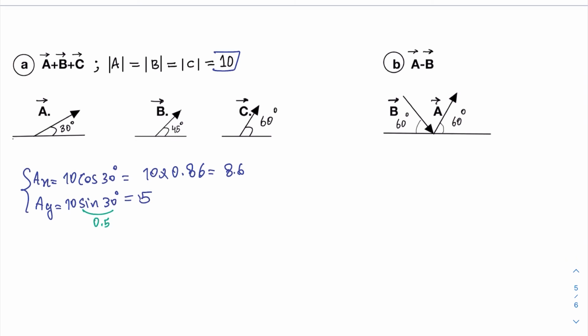How about vector B? I will do the same to vector B also. This is A, this is B. B component X, B component Y, horizontal and vertical. The magnitude of B times, let me write the formula, cosine 45 degrees, and here B sine 45 degrees.